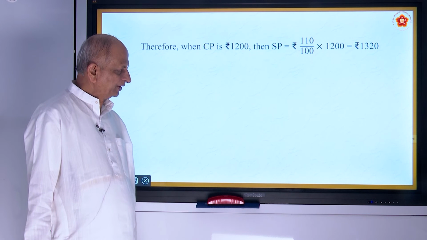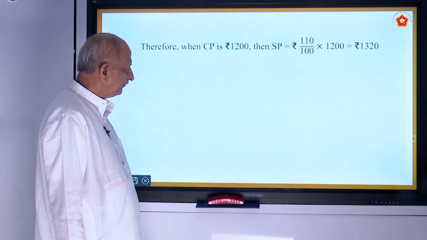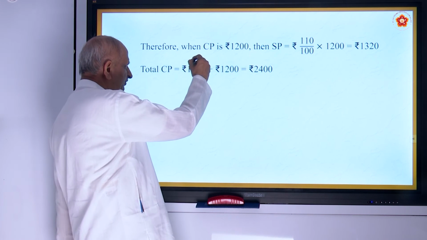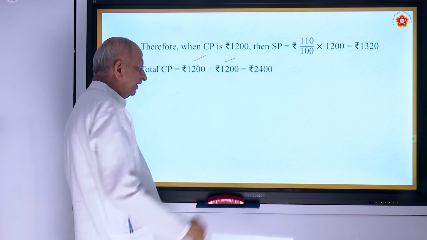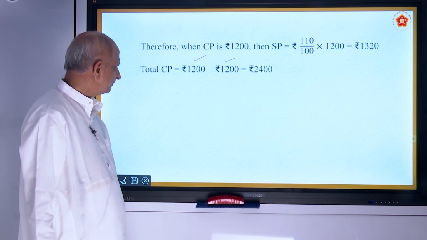So one fan was sold at loss, another fan was sold at profit. So totally cost price, first fan is 1200, second fan is 1200, totally it is 2400.